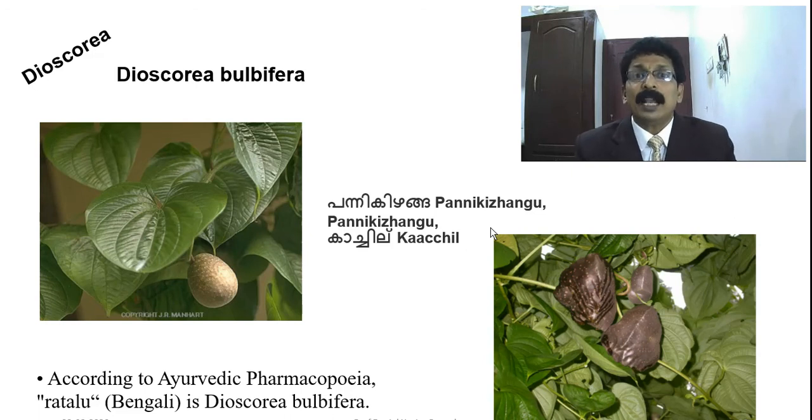In Malayalam we can say pannikilangu, or even kachil, or sometimes kachlu. In many places there will be different pronunciations, but I don't think it is always used as an edible plant, but it is available.